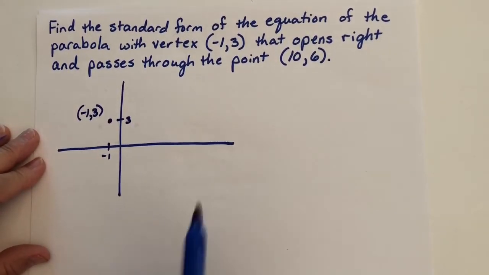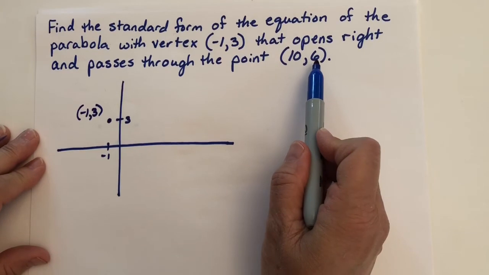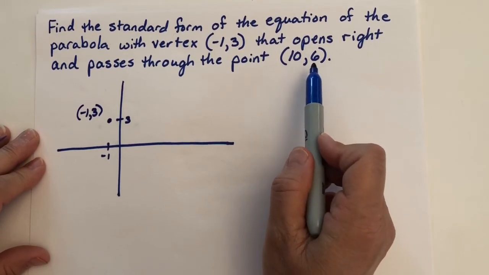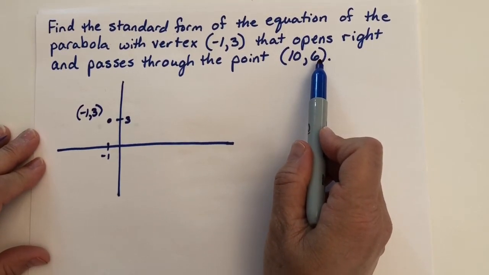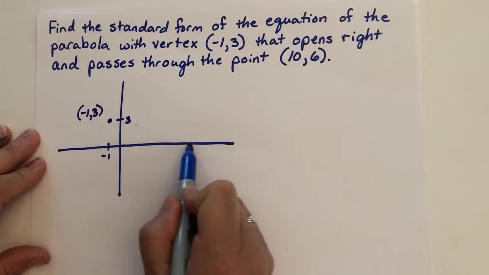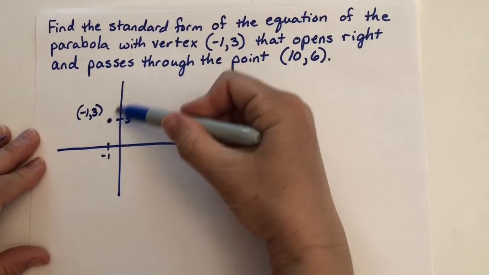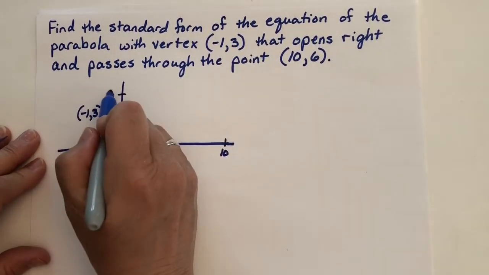Now this time we weren't given the directrix and we weren't given the focus. We were just given a sort of an arbitrary point that is on the parabola. The parabola passes through the point 10, 6. So 1, 2, 3, 4, 5, 6, 7, 8, 9, 10. We'll put 10 way out here. And 6. Let's see, there's 3. Then 6 would be about this high.